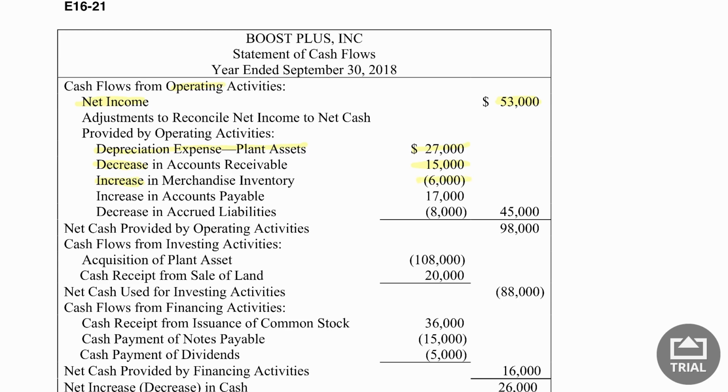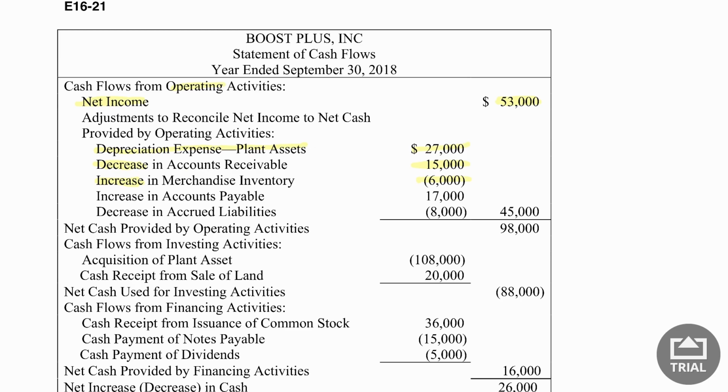So negative 6,000. The next asset listed is land. But land's not a current asset. Then we've got plant assets, then we've got accumulated depreciation. Those all are long-term accounts, so I'm skipping those. You kind of have to use your knowledge from Accounting 1 here.